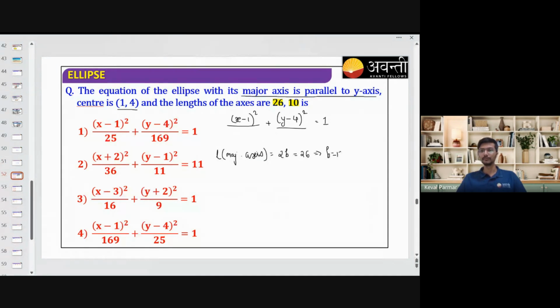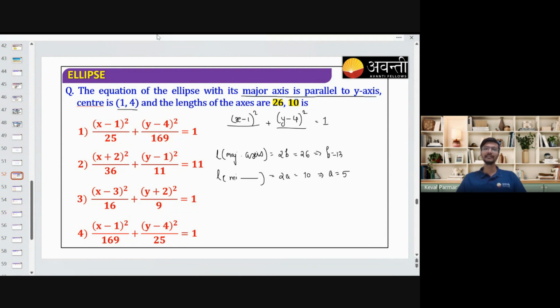That means b is 13. Now, what is the length of the minor axis? It is 2a, which is given as 10. So that means a equals 5.